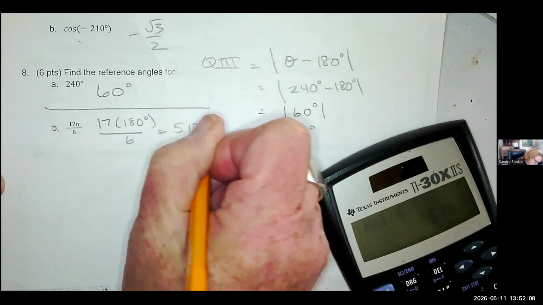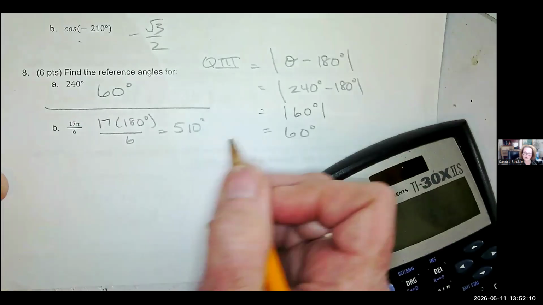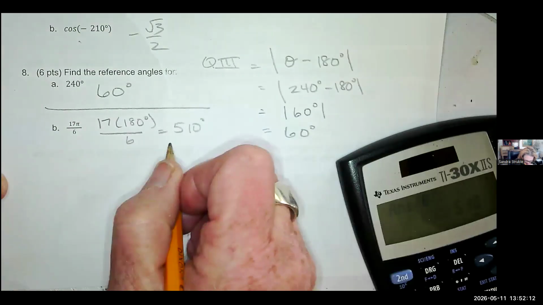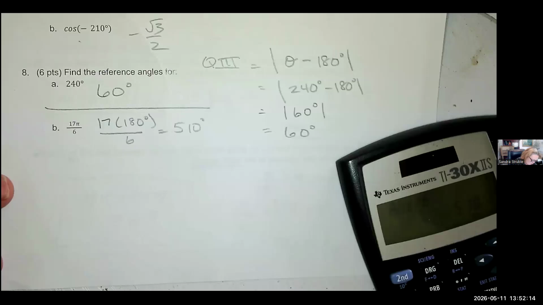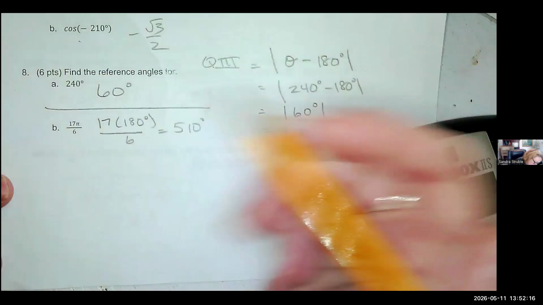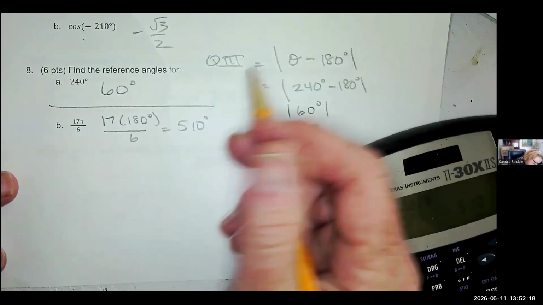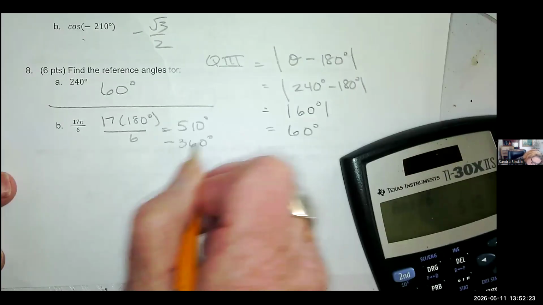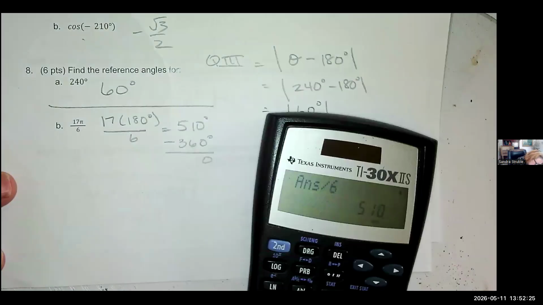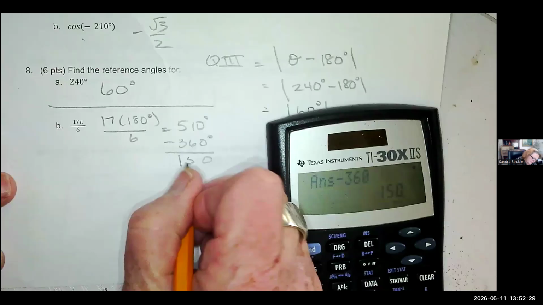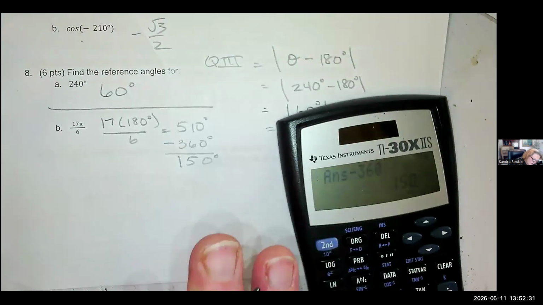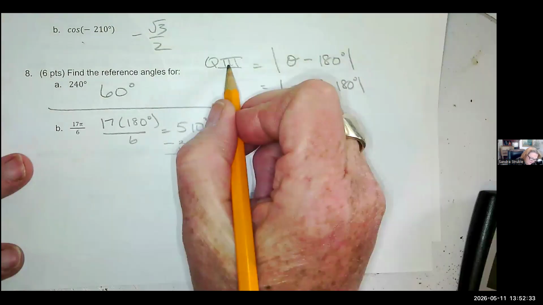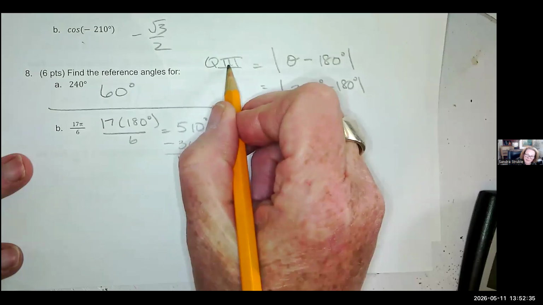All right. To find our reference angle, it has to be between 0 and 90. It has to be quadrant 1. So I'm going to start by subtracting 360. And that's 150. Now that 150 lives in quadrant 2. It has the same formula for finding the reference angle as quadrant 3 does.